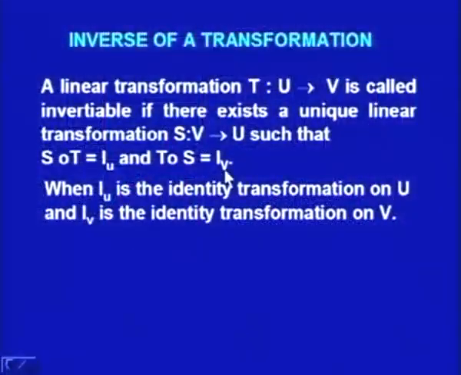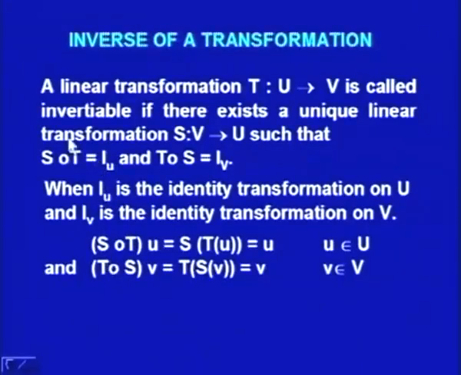If we can find such a transformation whose two composites satisfy this, then we can say that the transformation is invertible. Here I_U is the identity transformation on U and I_V is the identity transformation on V.